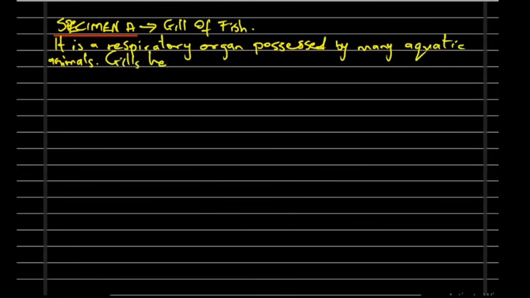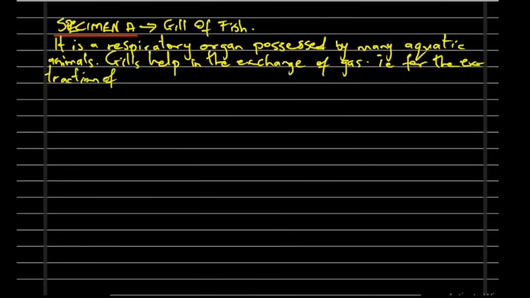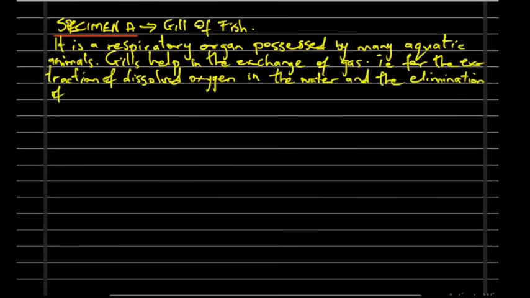Gills help in the exchange of gas, that is, the extraction of dissolved oxygen from the water, as well as replacing it with carbon dioxide, and the elimination of carbon dioxide.